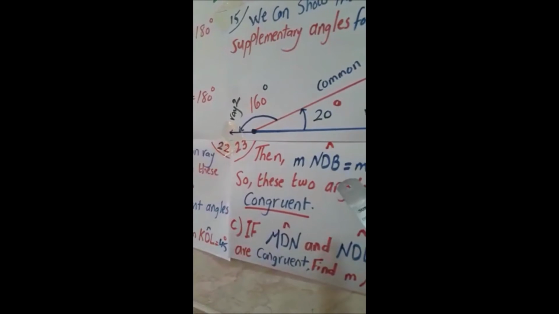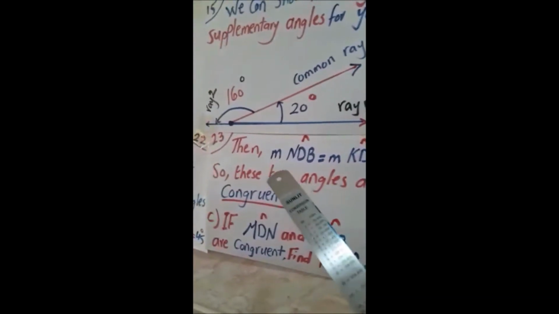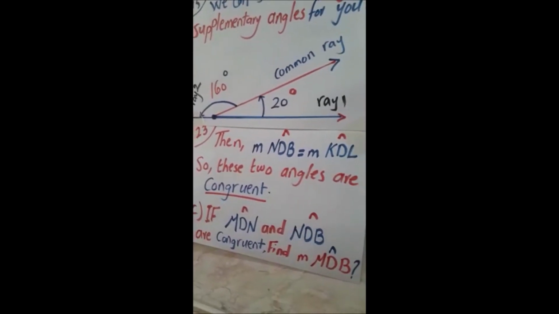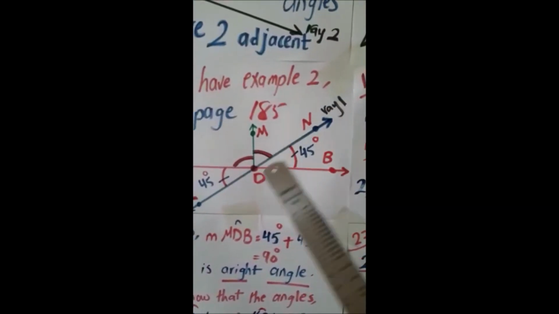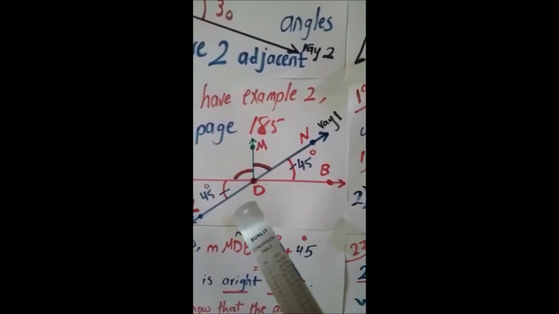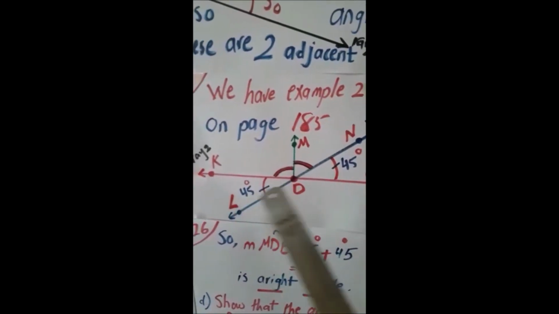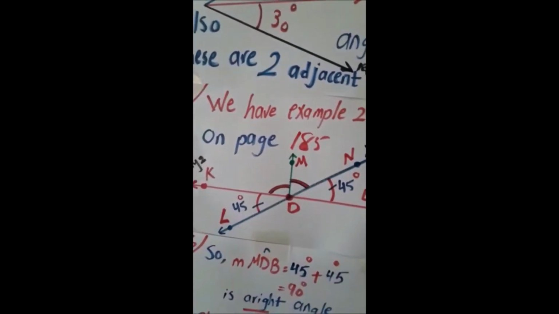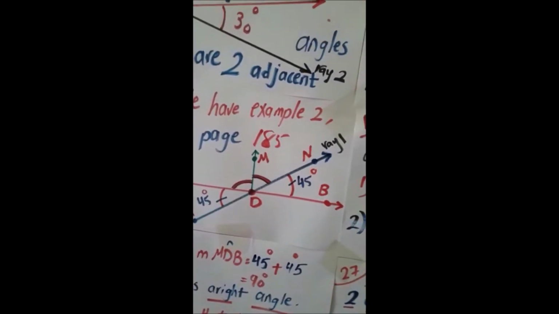Then we can conclude that the measure of angle NDB equals the measure of KDL, so these two angles are congruent. We can say NDB and KDL, or BDN and LDK, as you wish. They have the same measure, 45 and 45. So question B is answered, and these two angles are congruent angles.